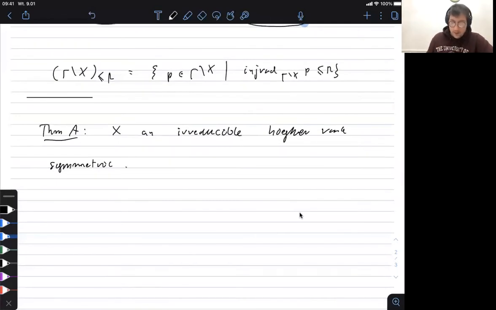So I can state it like this: if X is an irreducible higher rank symmetric space, then the following conditions are equivalent.